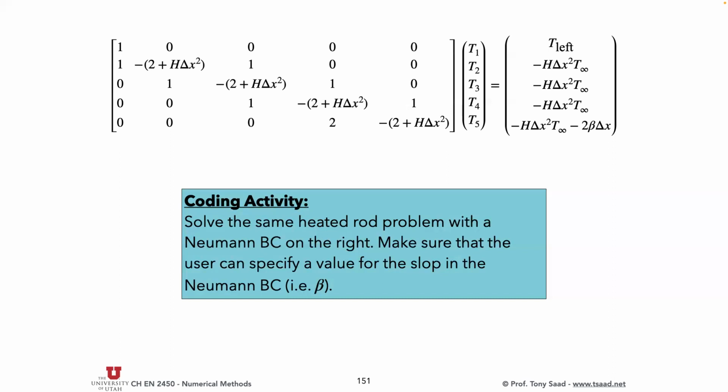The last entry is minus 2h delta x squared, h plus delta x squared. Yep. So beta is negative 100. That's right. So if you put beta equals 0, perfect, right? So the slope is 0, and then if you put beta positive, then you should go up. Perfect.